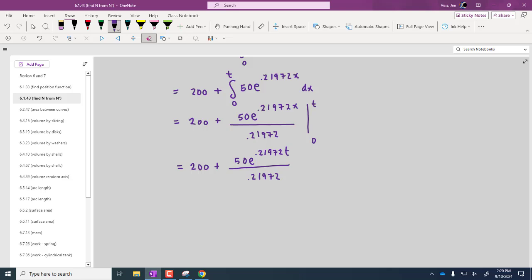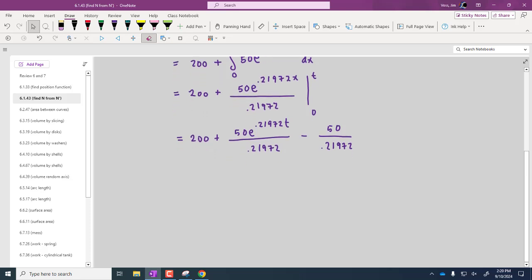When we plug in the 0, we're going to still have some math, right? Plugging in 0, the exponent becomes 0. E to the 0 is 1. So we're going to subtract off 50 over 0.21972. So we have that. And then we would just want to simplify that a little bit. We would add the two constants together.